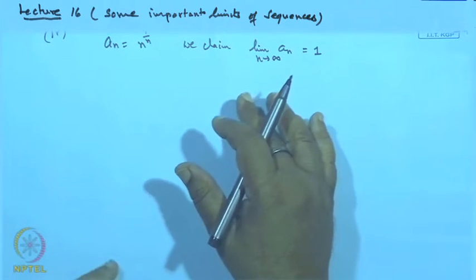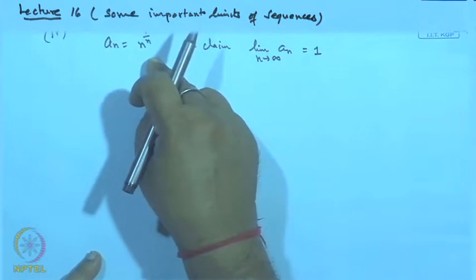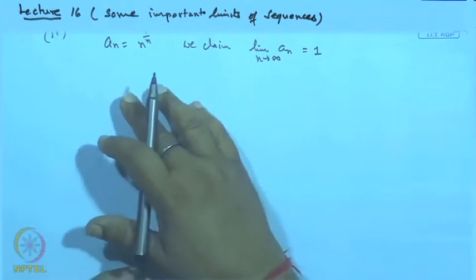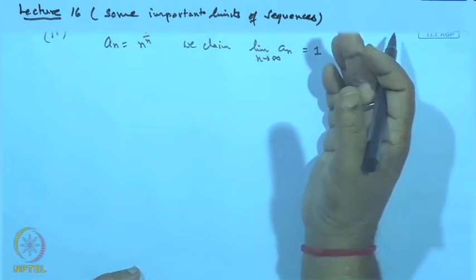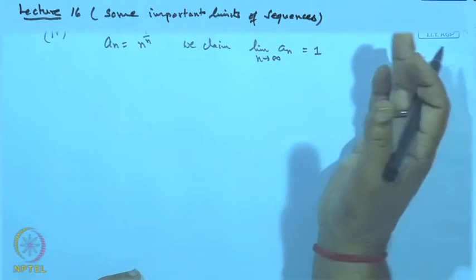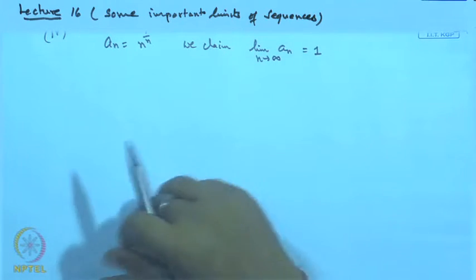First, we will show that this sequence is a monotonic sequence. If we prove it is monotonic, decreasing or increasing: if increasing and bounded above, or if decreasing and bounded below, then its limit will exist.